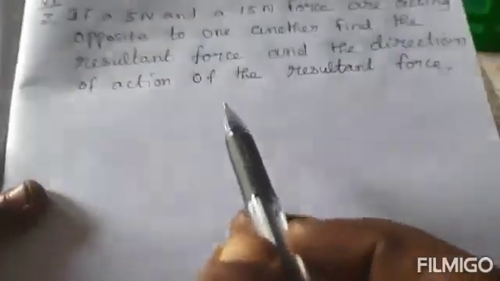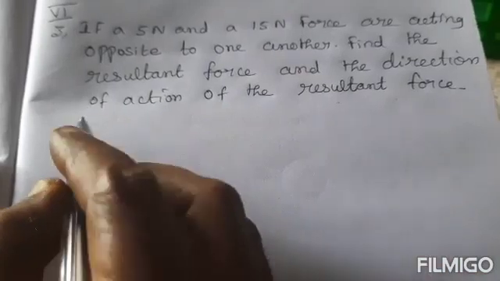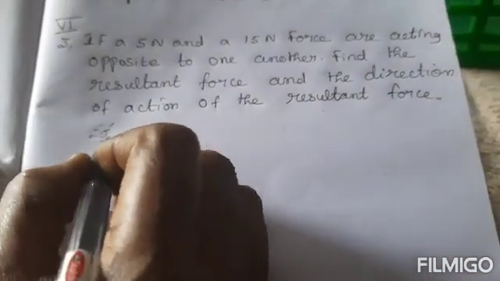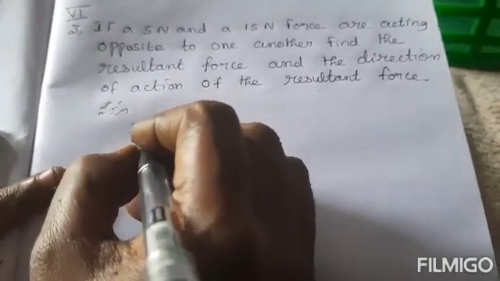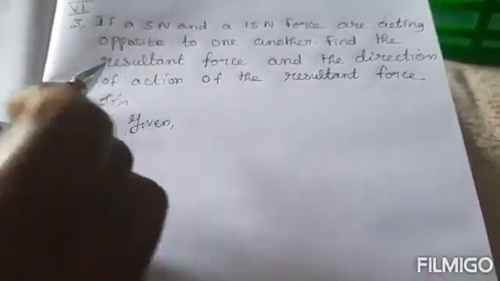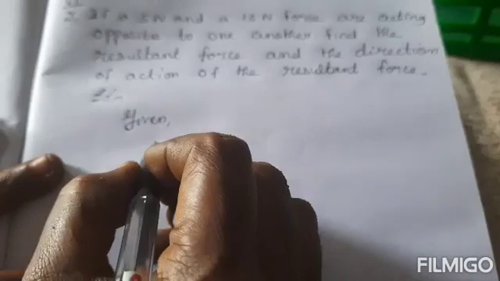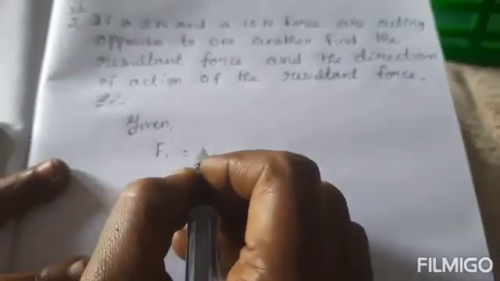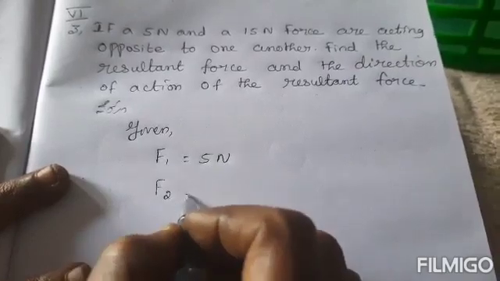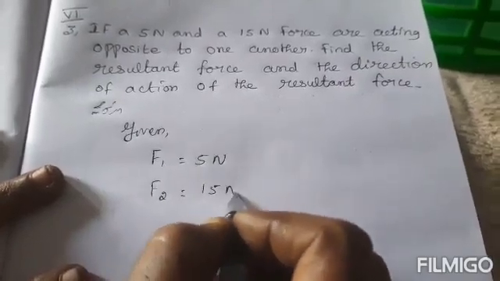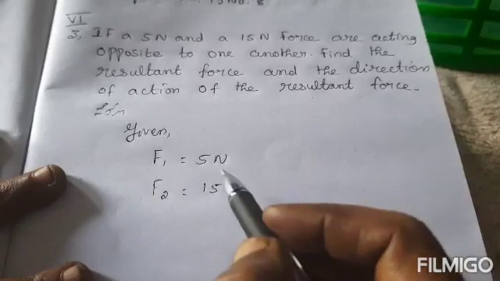First, you have to write what is given in the question. First, we have to write the solution. Given: what is given? First force F1 equal to 5 Newton. Next F2 equal to 15 Newton. Now listen all of you, 2 forces are given.